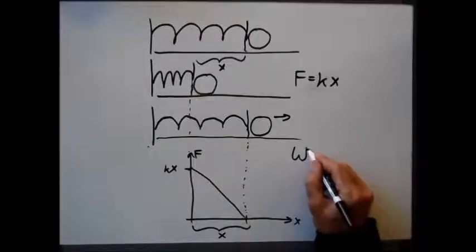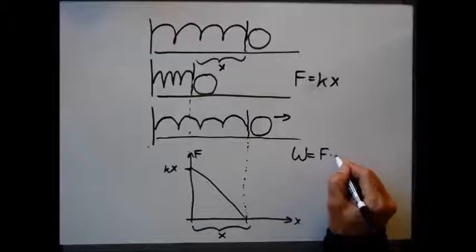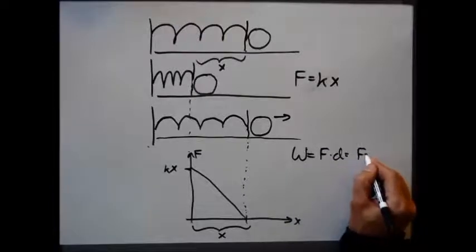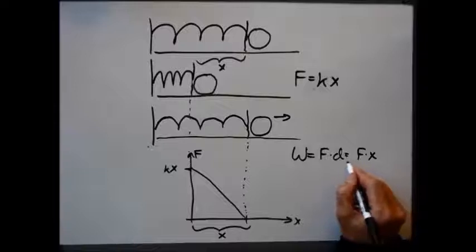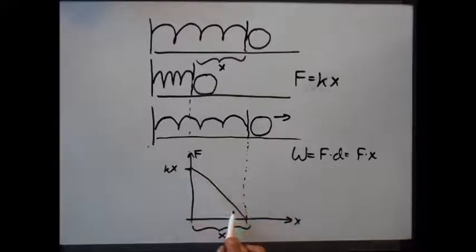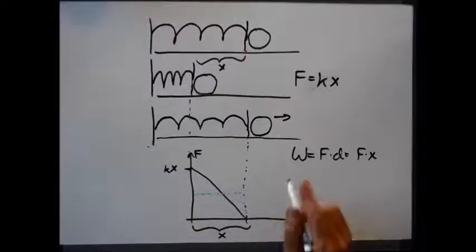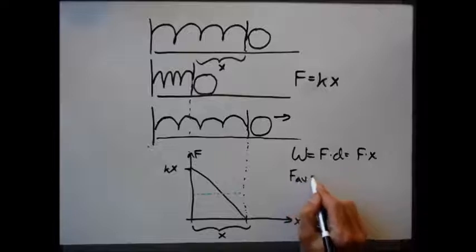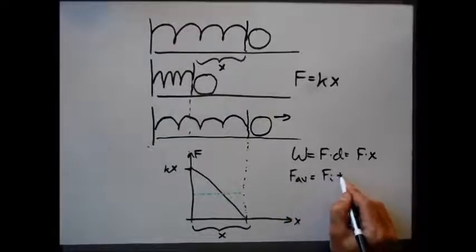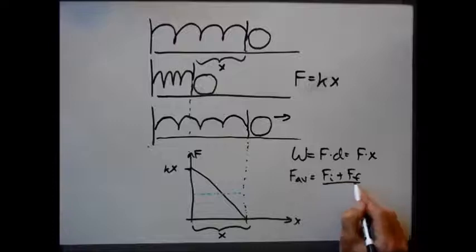And so when we say the work is equal to the force times the distance, in this case force times x, we're not sure what force to put in. Do we put in this force, or do we put in this force? The answer is we have to put in an average force. F average is equal to F initial plus F final divided by 2.